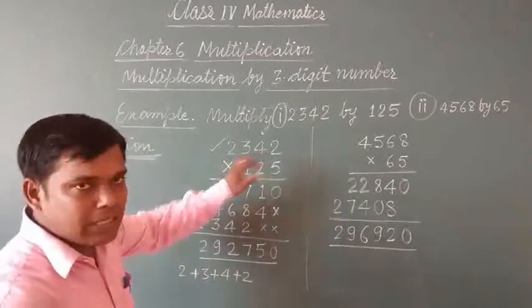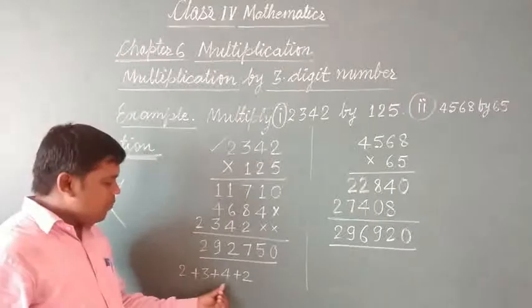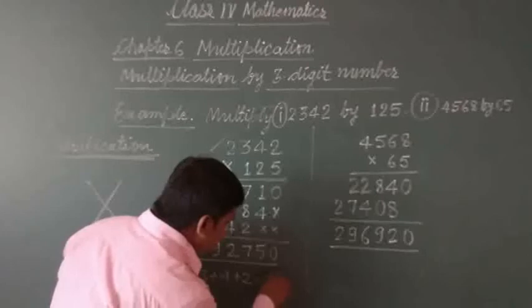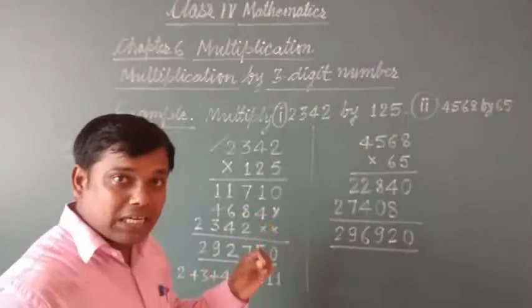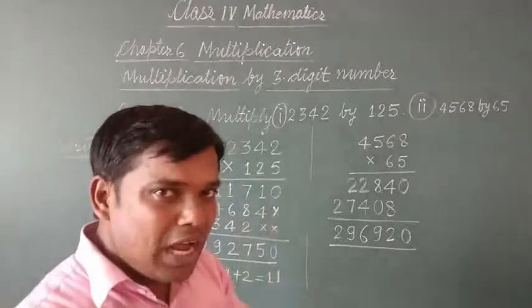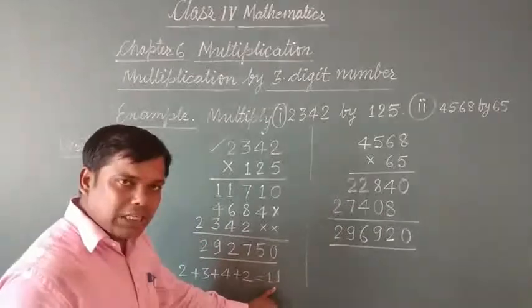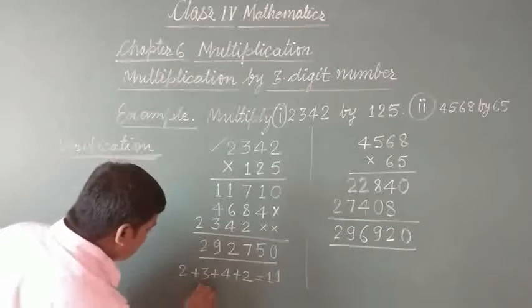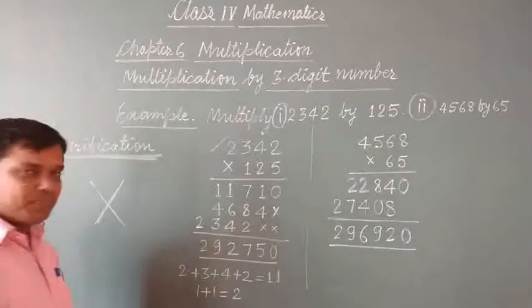Each digit of the multiplicand I am adding here. 2 plus 3, 5. 5 plus 4, 9. 9 plus 2, 11. 11 is the sum of the digits of the multiplicand. But again it is a 2-digit number, and I have told you we have to bring it to one digit. So as we have got 11, we will add the digits of 11 together, 1 plus 1. It came 2.